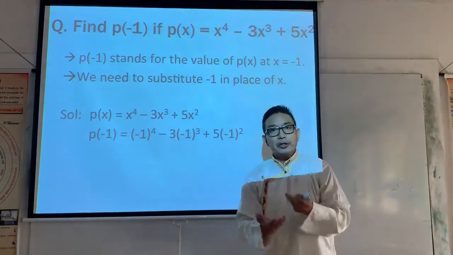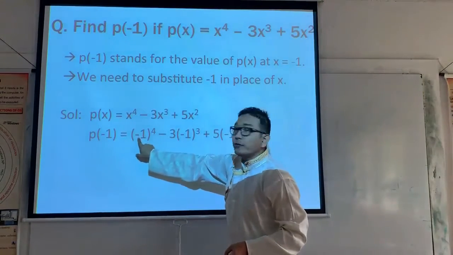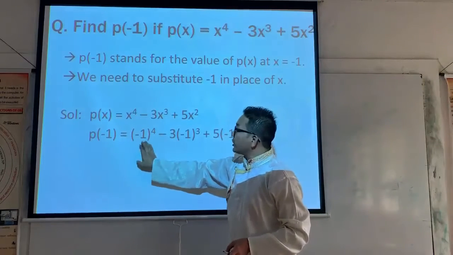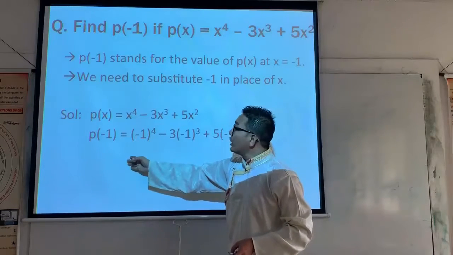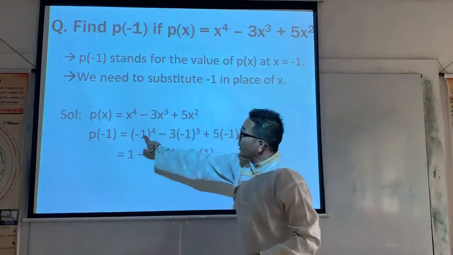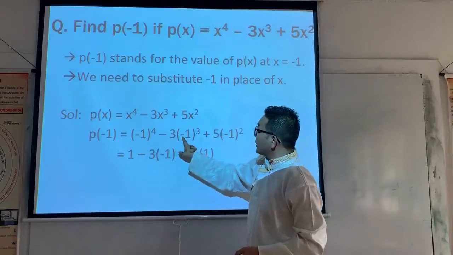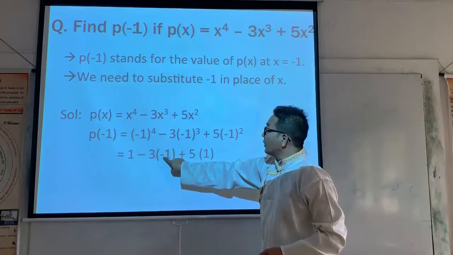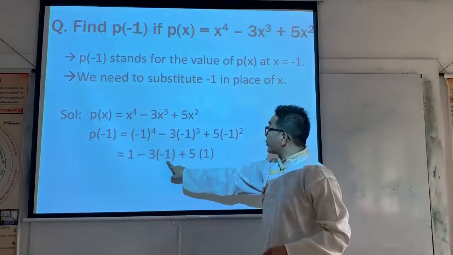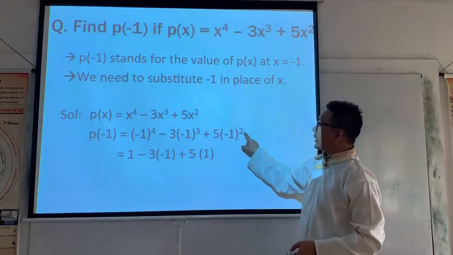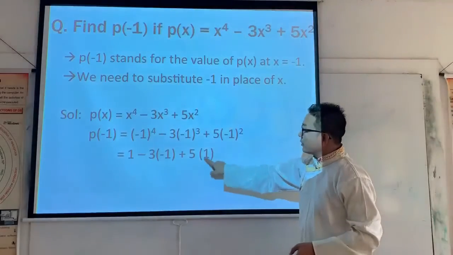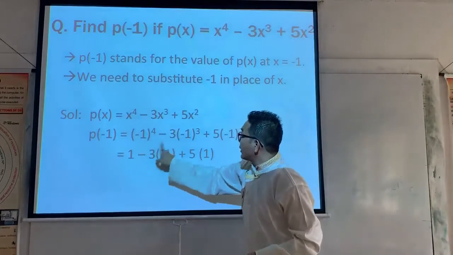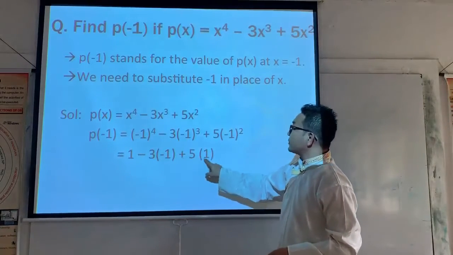Let's simplify. A negative base raised to an even power becomes positive, so negative 1 to the power 4 is positive 1. A negative base with an odd exponent keeps the negative sign, so negative 1 cubed is negative 1. A negative base with an even exponent is positive, so negative 1 squared is 1. So we have 1 minus 3 times negative 1 plus 5 times 1.